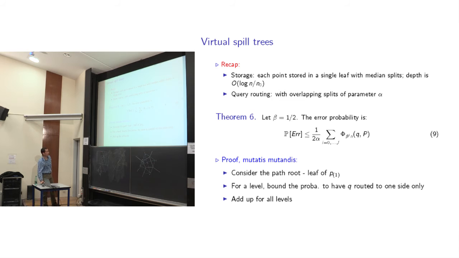And so in this case, it turns out that using beta equal 1/2, one can prove a theorem which has the same form as the previous one, namely the probability of failure obeys the same bound here. In fact, the proof is essentially the same.